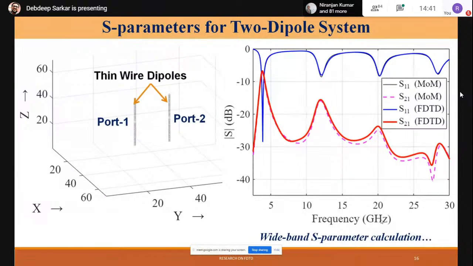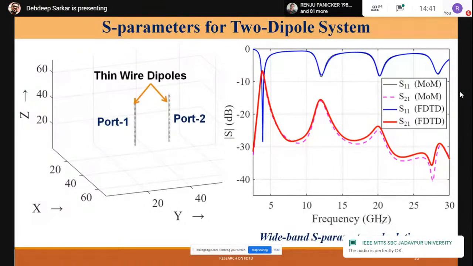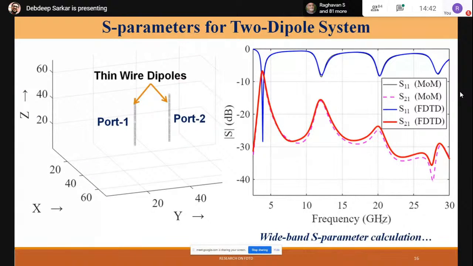But now, one of the advantages, as I think people discussed in the earlier portions of this workshop, is that you can go for wideband S parameter calculation. So for this simple system of two dipoles, I can go up to 30 gigahertz because I chose a very small discretization. And as I told you, this criterion of approximately 10 cells per wavelength is valid for a wide range of frequencies for this simulation.